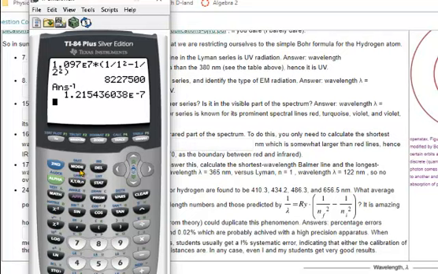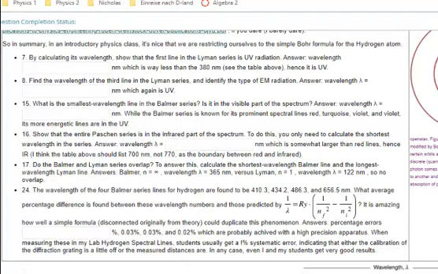There we go. And now I have it in meters, which means I have to multiply by 10 to the 9th, and that's the way to write it, 1e9, and there it is, 121 or 122 nanometers rounded, which indeed is less than the 380.